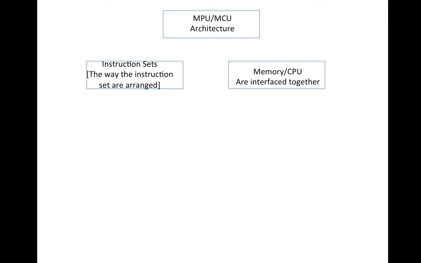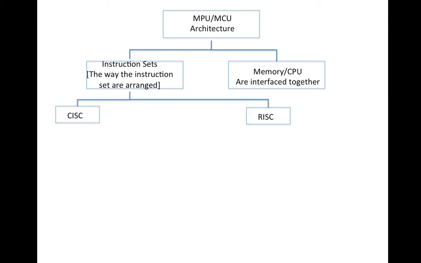Another approach in terms of defining the architecture is to look at the way the instruction sets are put together, in other words, how the ALUs are instructed to do certain operations. So in this tutorial, we focus on the instruction sets.